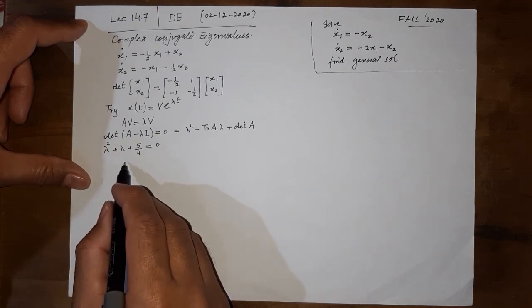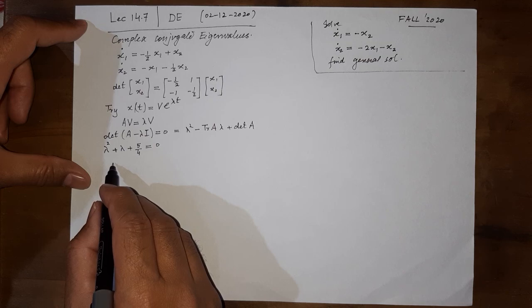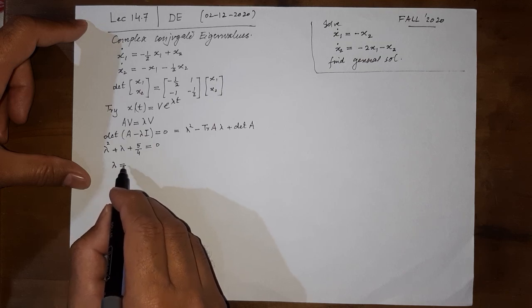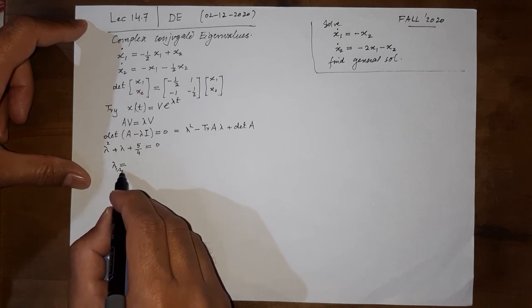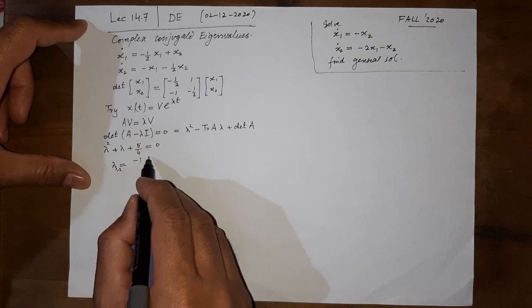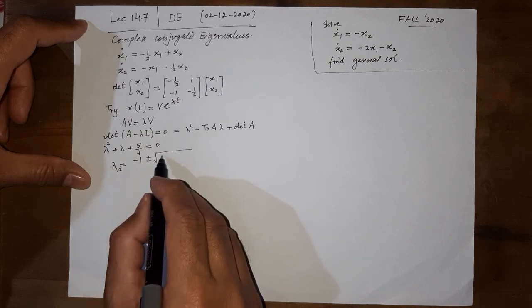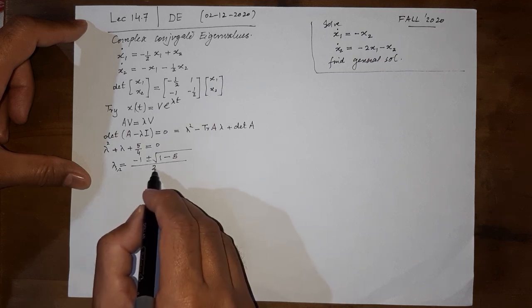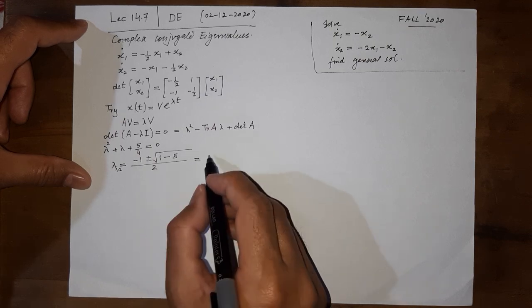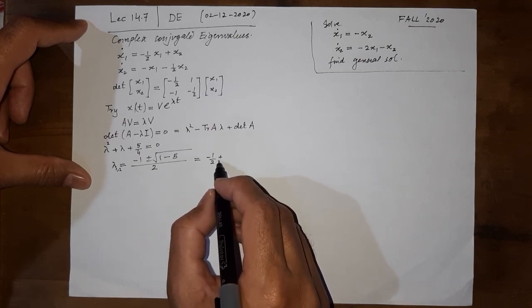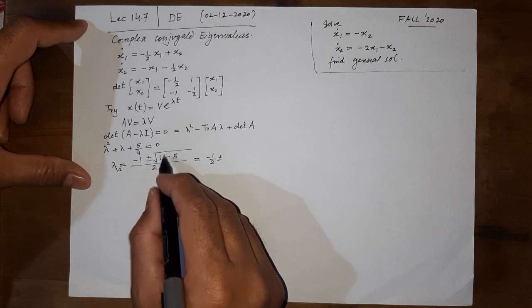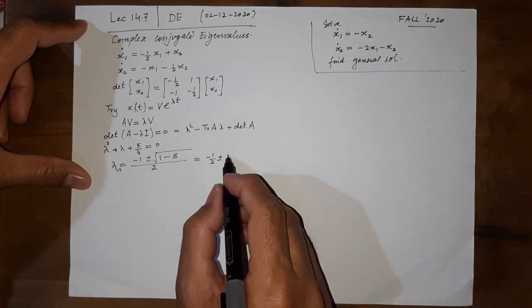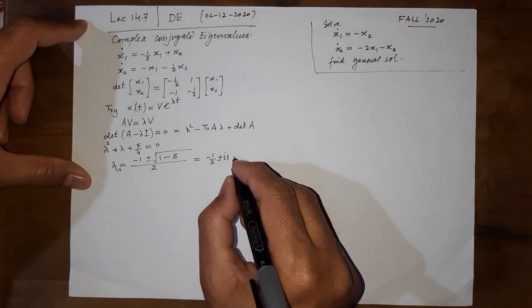We can use the quadratic formula to find the values of lambda 1 and lambda 2. So minus b plus minus square root of b square minus 4ac over 2a. So we get minus half plus minus square root of minus 4 over 2, that is plus minus iota.